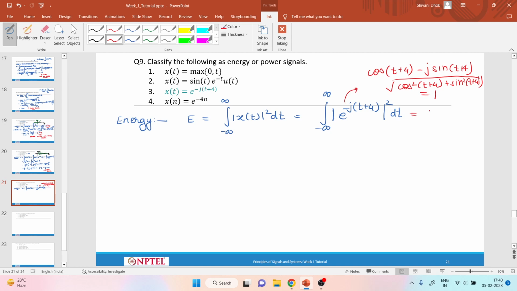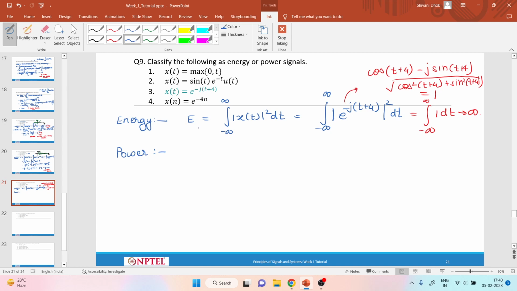So we are having the integral from minus infinity to infinity of 1 dt. Again, this is a constant from minus infinity to infinity, and this will tend to infinity. Now let us look at power. We are guaranteed that as energy is tending to infinity, it is not at all an energy signal.